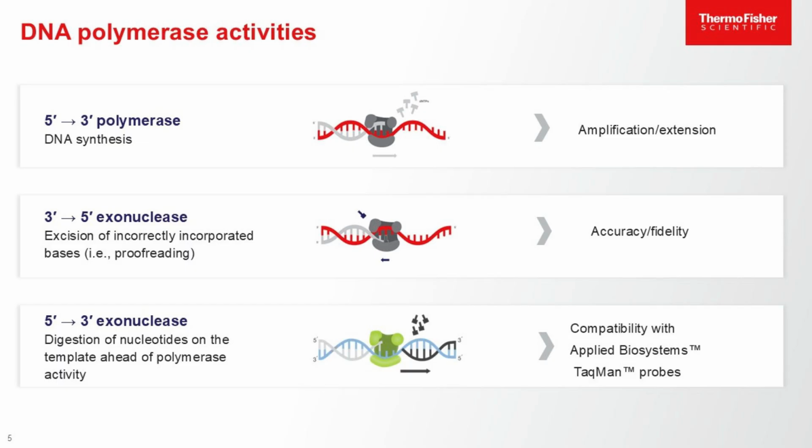For example, Taq polymerase has only the 5' to 3' exonuclease activity, while proofreading polymerases have the 3' to 5' exonuclease activity. Successful DNA amplification depends not only on the intrinsic activities of DNA polymerase, but also on various other critical characteristics of the enzyme.